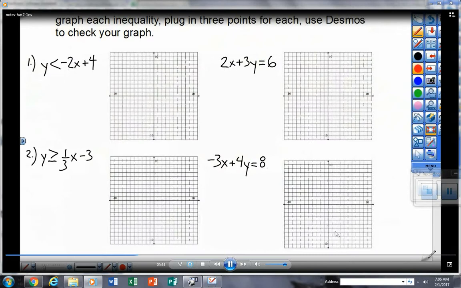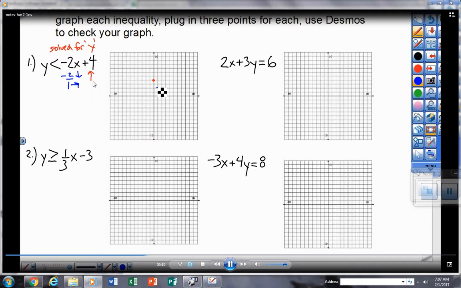All right, for these problems, I'm going to have you solve these for y if they need to be graphed. I'm going to have you graph them, and then plug in 3 points, one above the line, one below, and 1 point directly on the line. So for here, this is solved for y, so 4 is my y-intercept. From there, I'm going to go over 1, down 2, over 1, down 2, over 1, down 2.